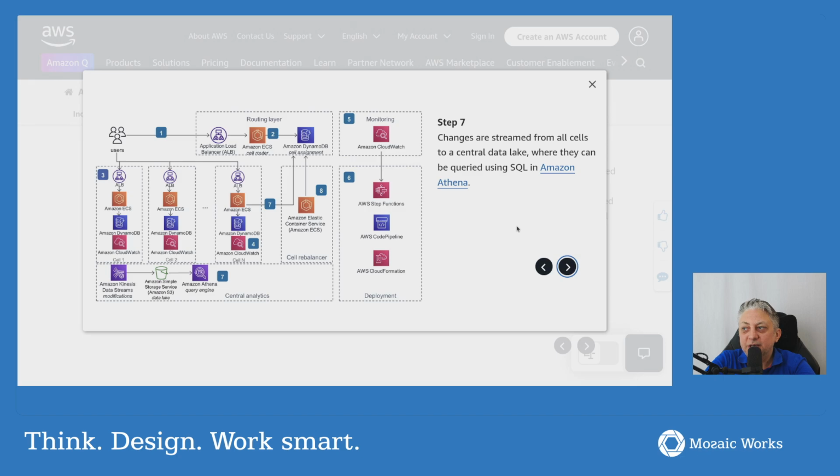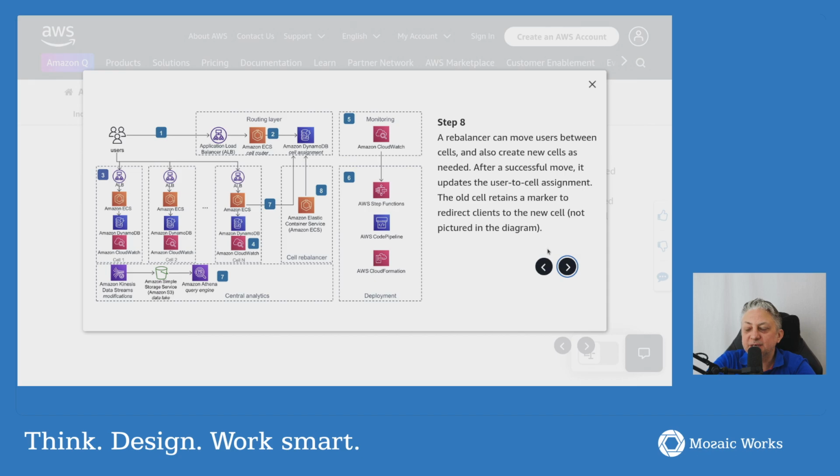Changes are streamed from all cells to a central data lake where they can be queried using SQL. A rebalancer can move users between cells and also create new cells as needed. And this is very important. It doesn't sound very important, but it is, because rebalancing is an important part of sharding.